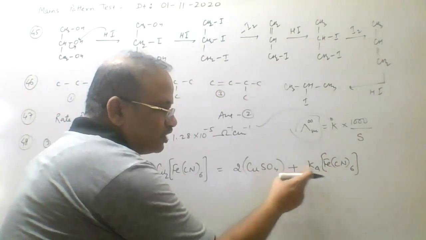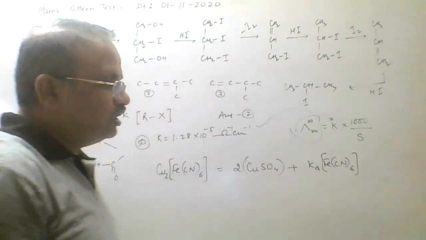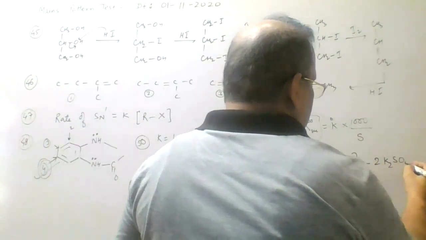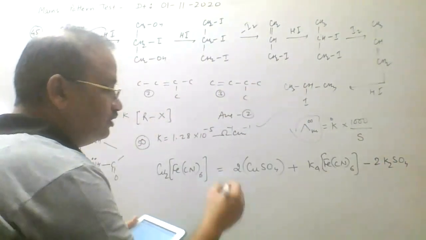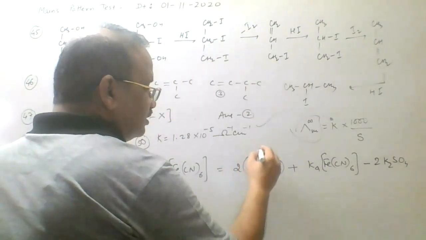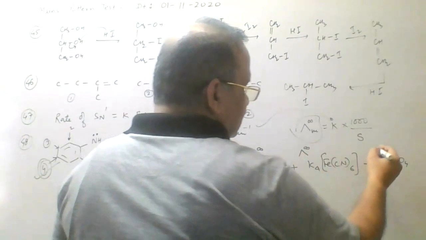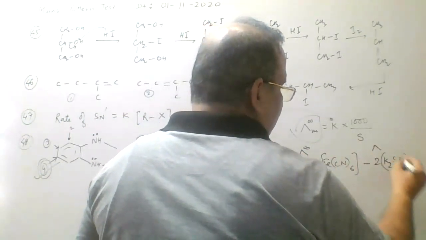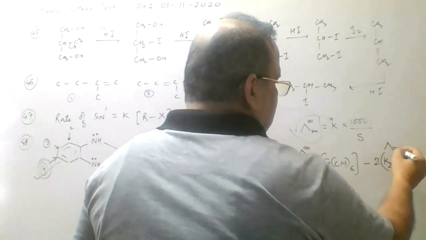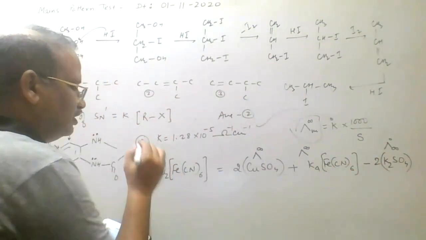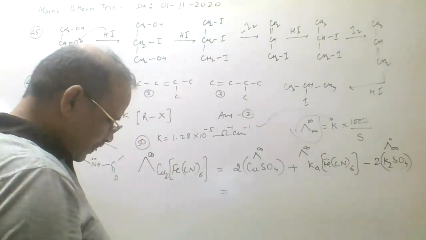I have to subtract the copper sulphate and potassium, so we can write K2SO4. That is what I required. Now we are given the molar conductivity of copper sulphate at infinite dilution, and of this and this at infinite dilution. If these values are given to us, we are able to calculate the molar conductivity of this at infinite dilution.